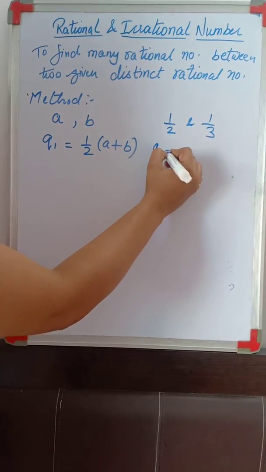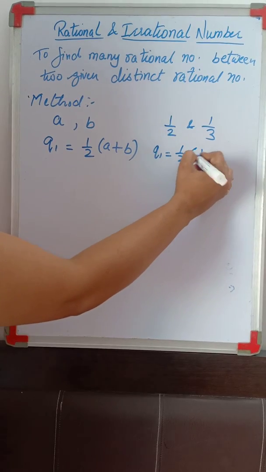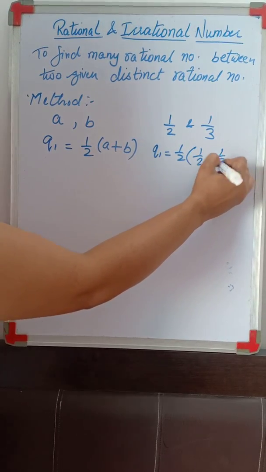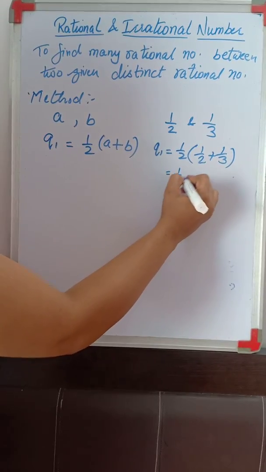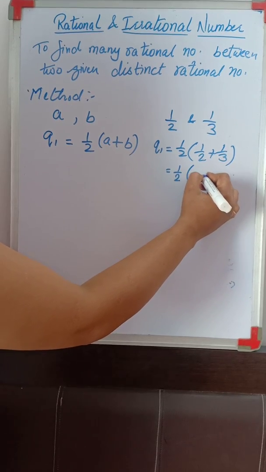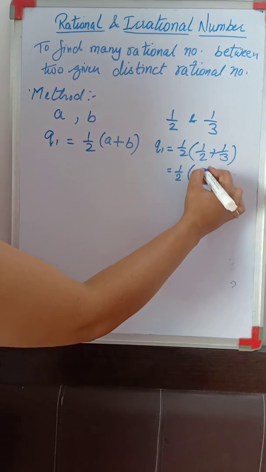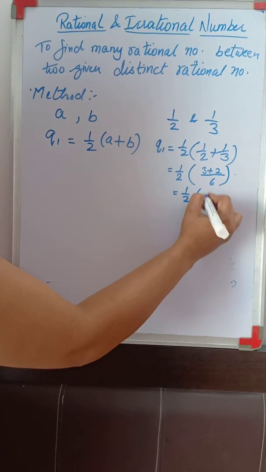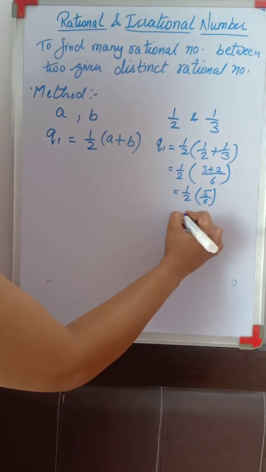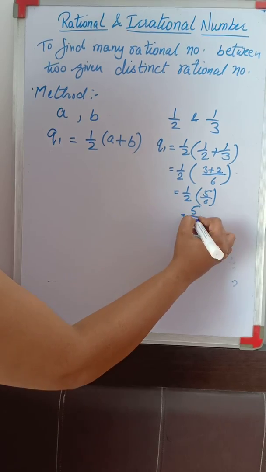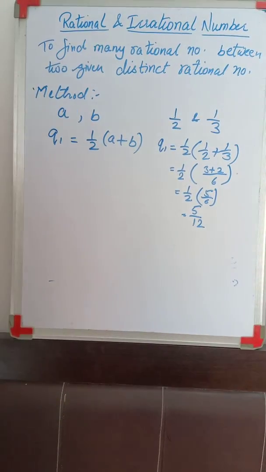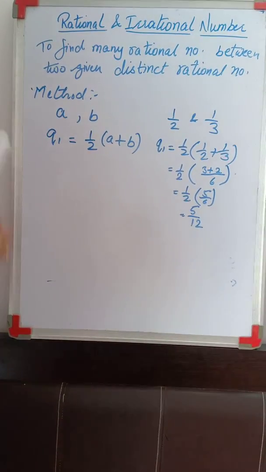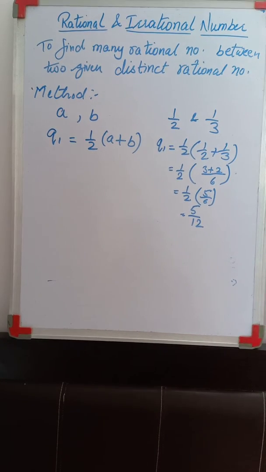Q1 is equal to half of 1 upon 2 plus 1 upon 3. How much will it be? The LCM will be 6, so 3 plus 2 upon 6. So it will become 1 upon 2 times 5 upon 6, and hence the answer will be 5 upon 12. So 5 upon 12 is the first rational number in between 1 upon 2 and 1 upon 3.